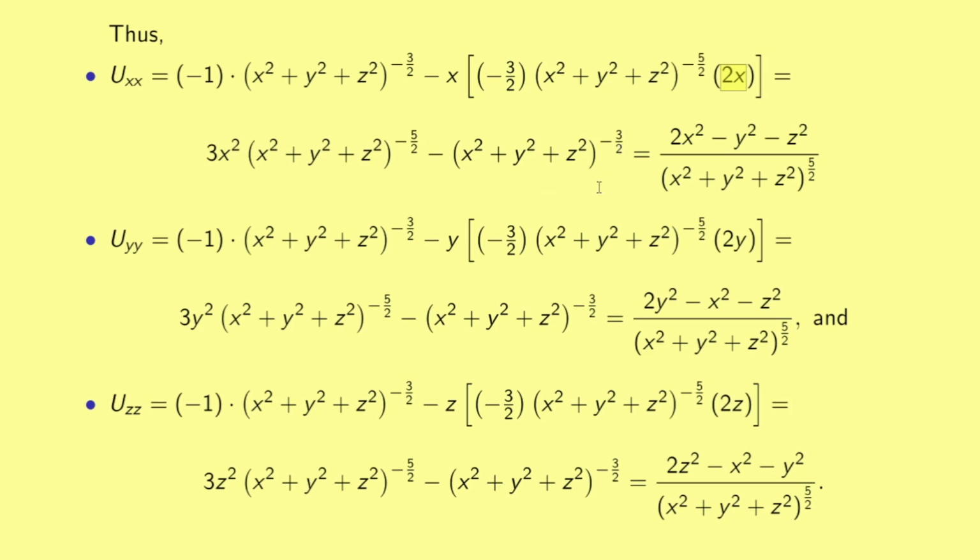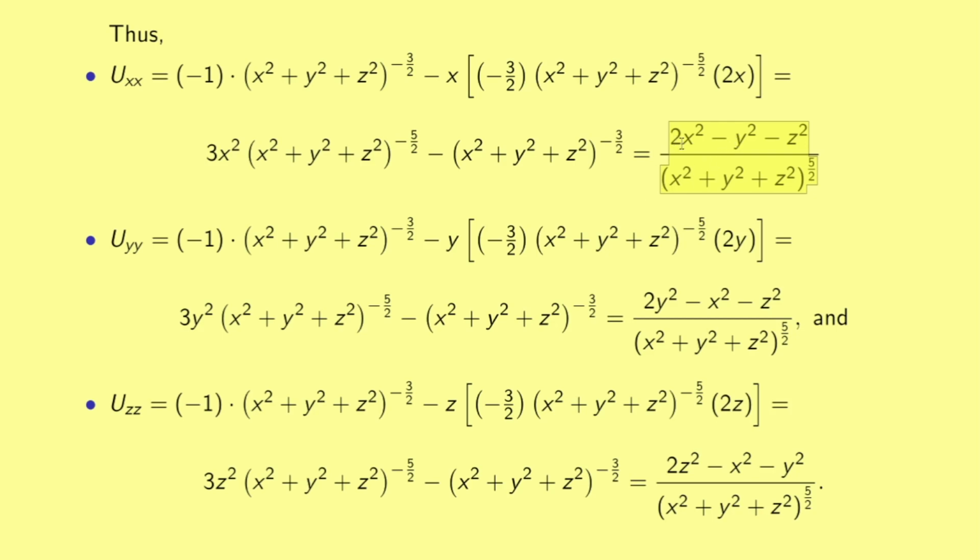This expression can be rearranged in order to simplify things. It's not hard, it's only plain calculations. For the other partial derivatives, they're almost the same, so I won't dwell much on the calculations.